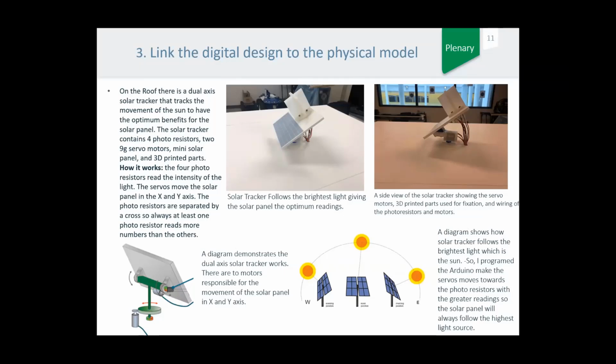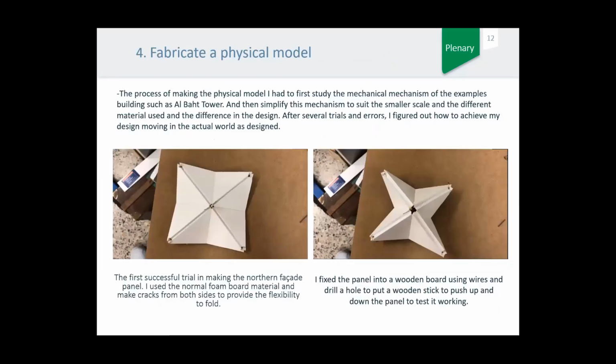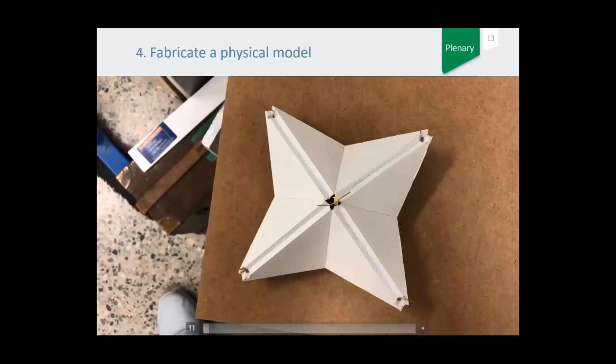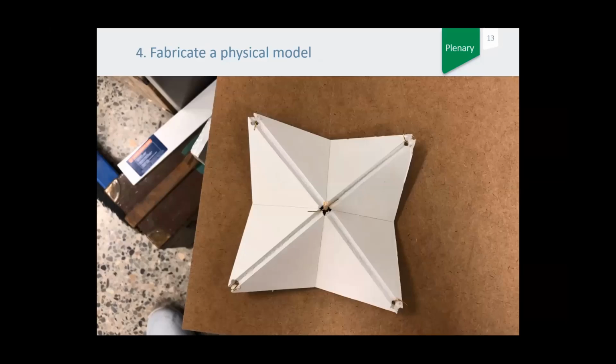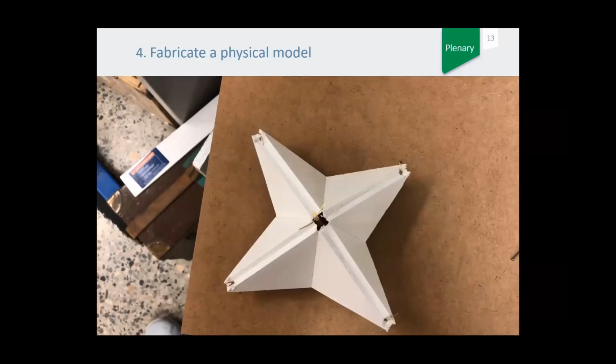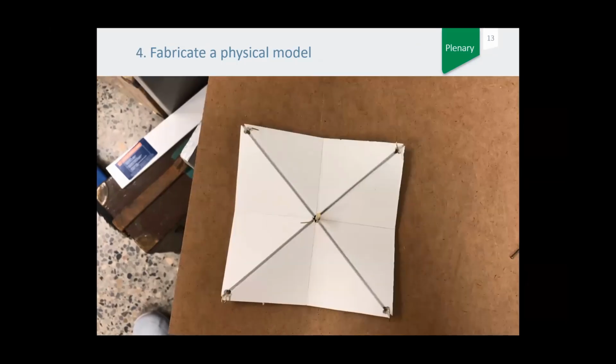And here's the fabrication of the physical model. I tried using a simple material, a foam board in which I made cracks, so they work as hinges to be able to open and close.